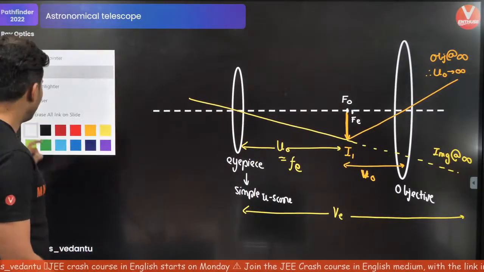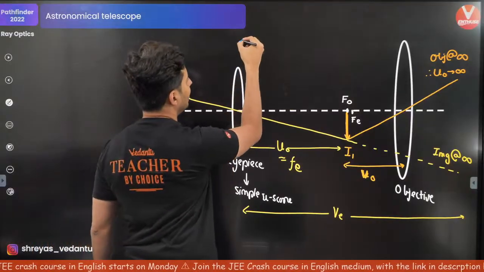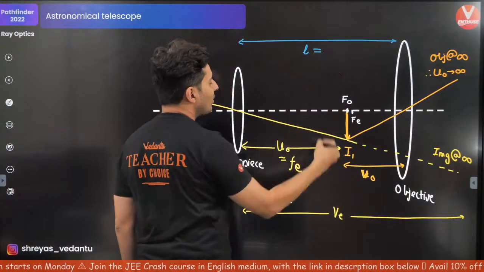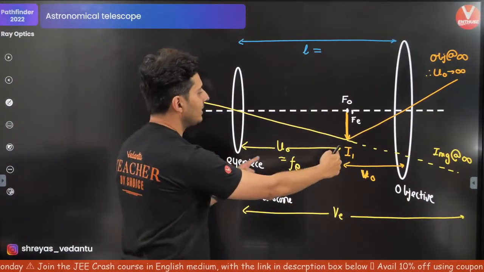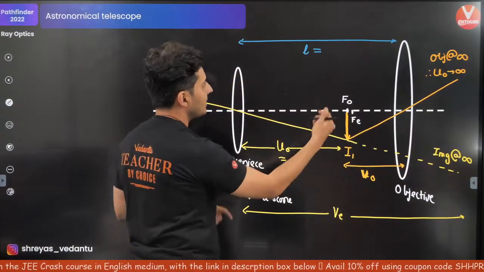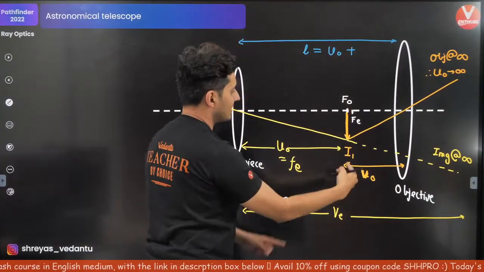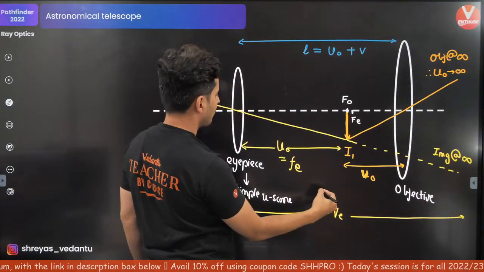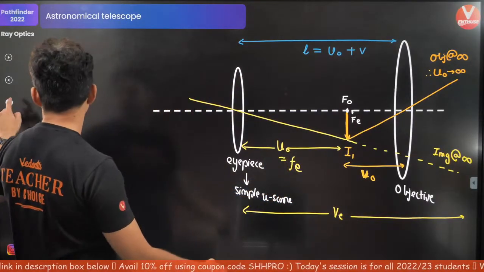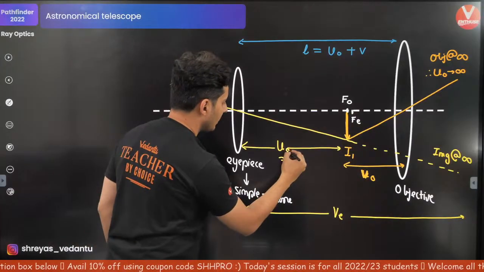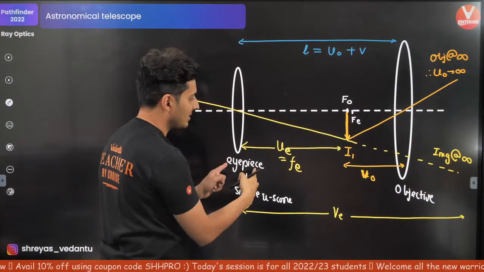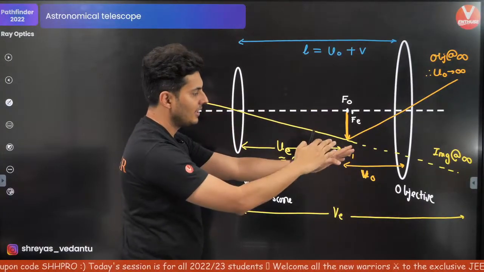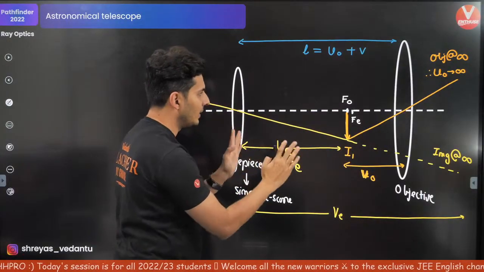Now, if I ask you what is the length of the telescope, this is the length of the telescope. Can you not see what the length should be? It should be this plus this, which is UO plus this distance, which is V. Oops, sorry guys, this was not UO, this was UE, my bad. This was UE because this is the eyepiece. I'm always thinking from this perspective because the objective was here and the eyepiece was there. My bad. All right.